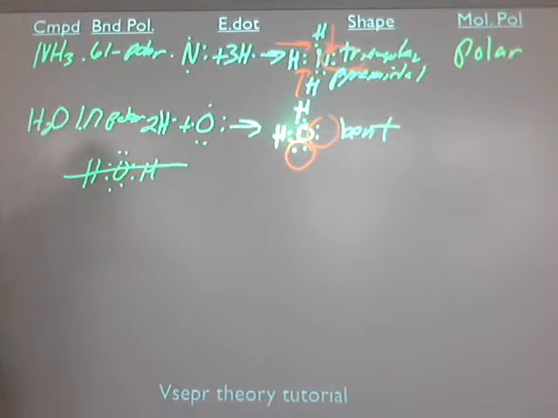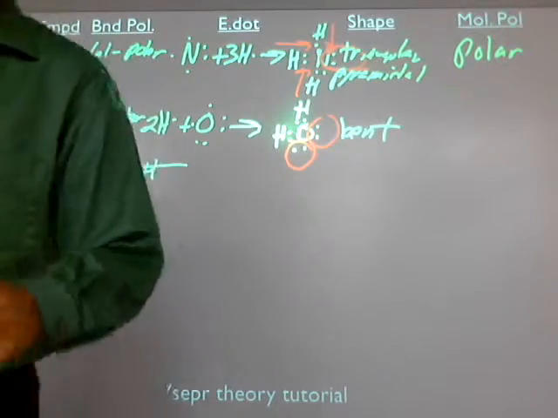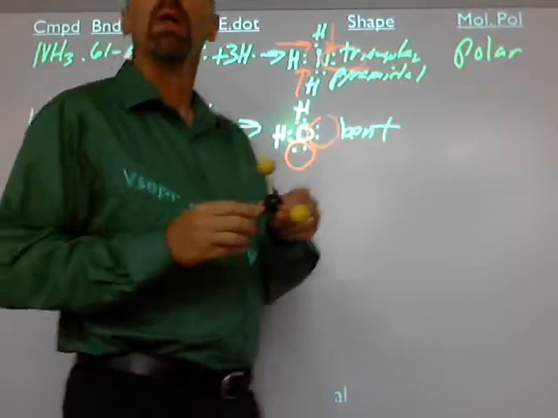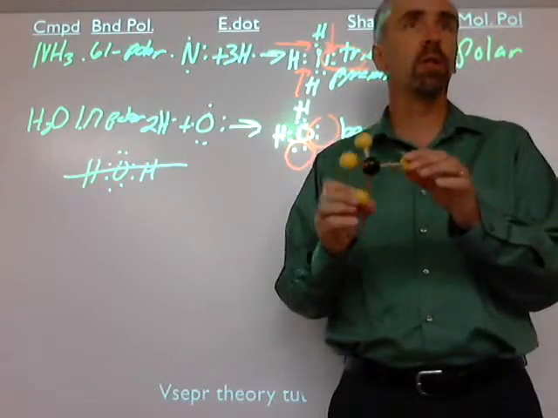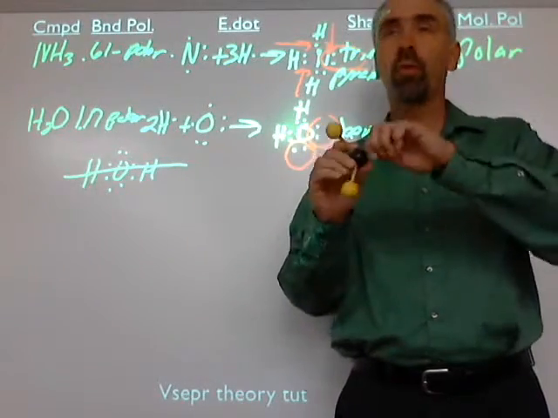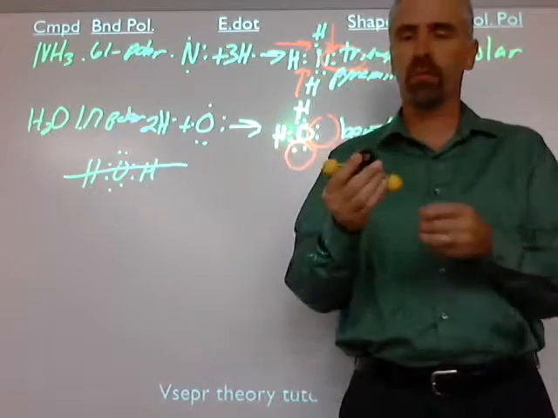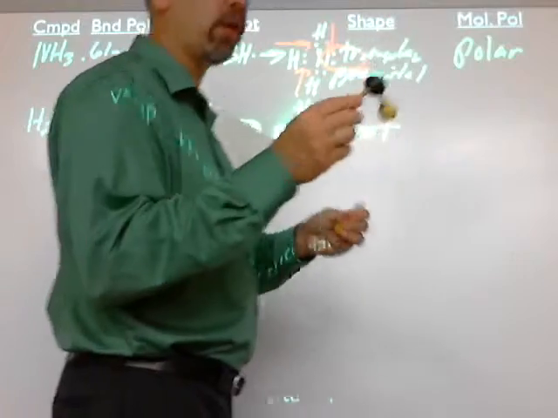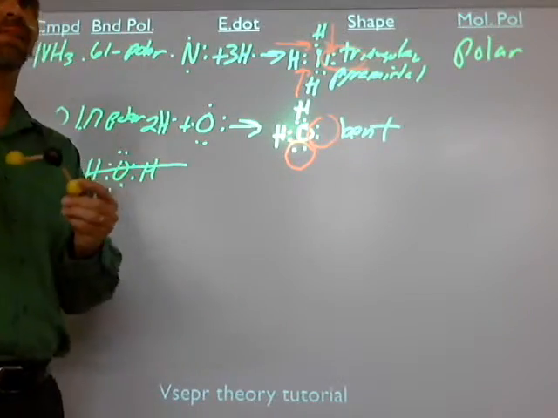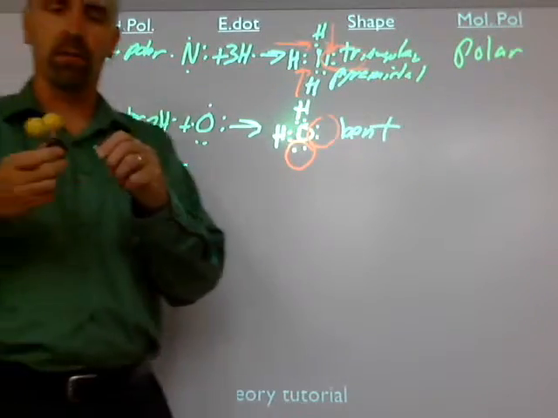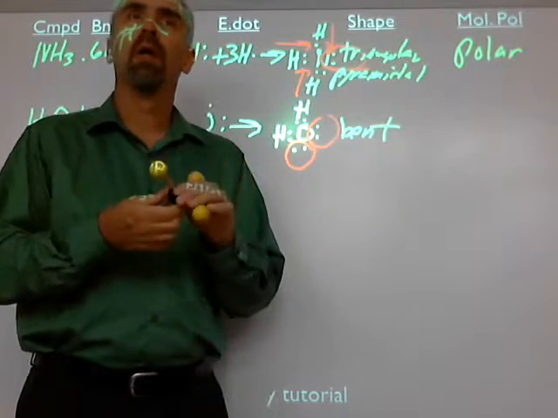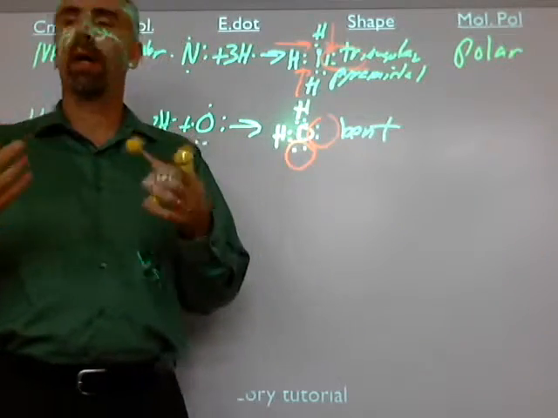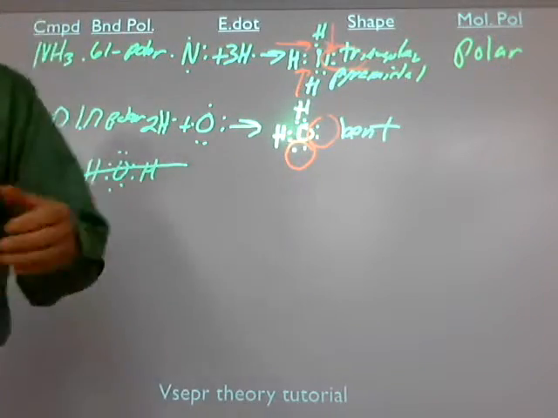Shape is bent. Let me show you again with this. Watch. Here's your actual shape, if you're including all the electron pairs. Pull two of those off because they're not atoms, and that's what you got. Turns out the actual angle between these is not still what it would be as if it were a tetrahedron, because the electron pairs repel differently. But that's not important.